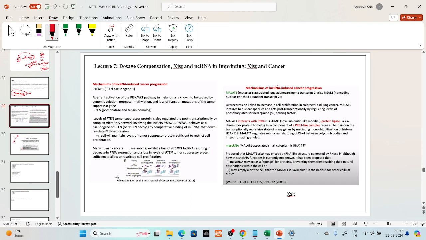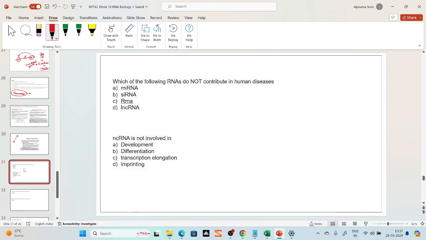although you have not studied much about rRNA related diseases, there are a large number of human diseases that are caused because of rRNA. I'll just give you one or two examples.